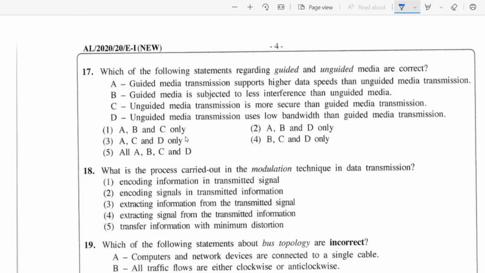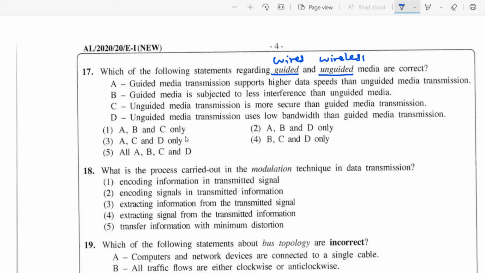Yes, guided media means wires. Unguided means wireless or radio waves. So statement A, guided media transmission supports higher data speeds than unguided media transmission. Yes, wire transmission is faster than wireless transmission.